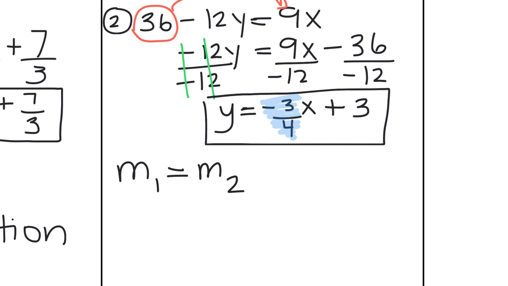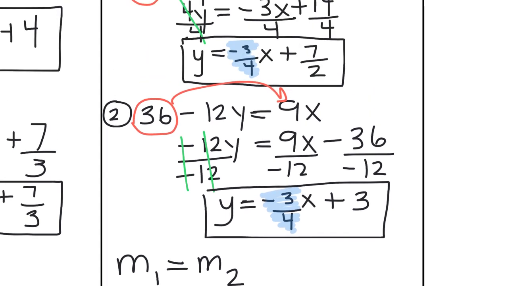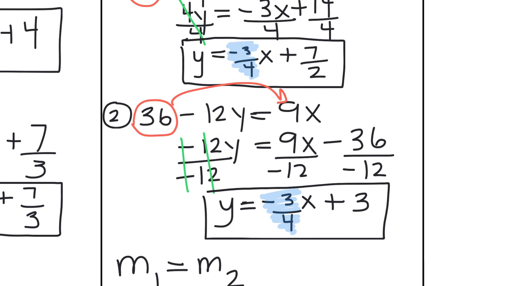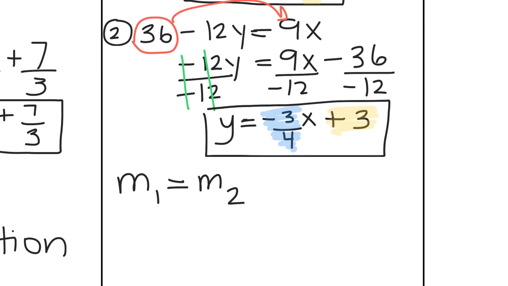So let's go back and let's compare our intercepts. In the first equation, our y-intercept was 7 over 2. And in the second equation, our intercept was a 3. So they are, in fact, different from each other.